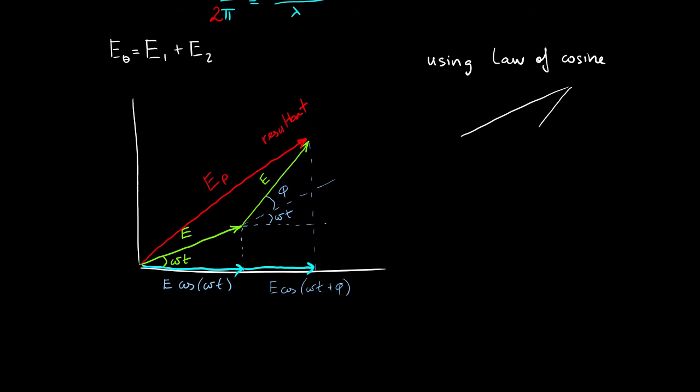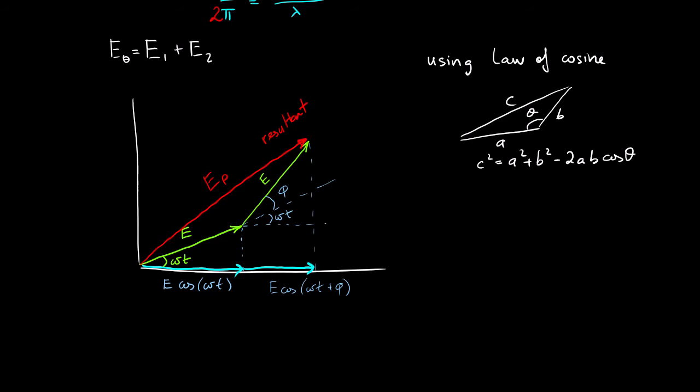If you have a triangle with sides A, B, and C, and this is the angle theta, then the law of cosines says C squared equals A squared plus B squared minus 2AB cosine theta. Now if I use this, then I can really find the EP.